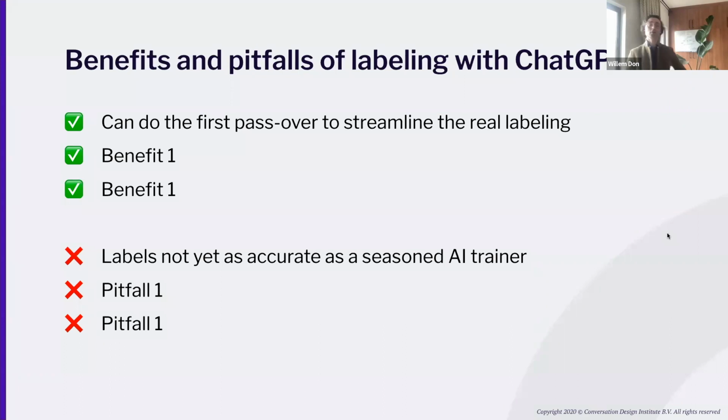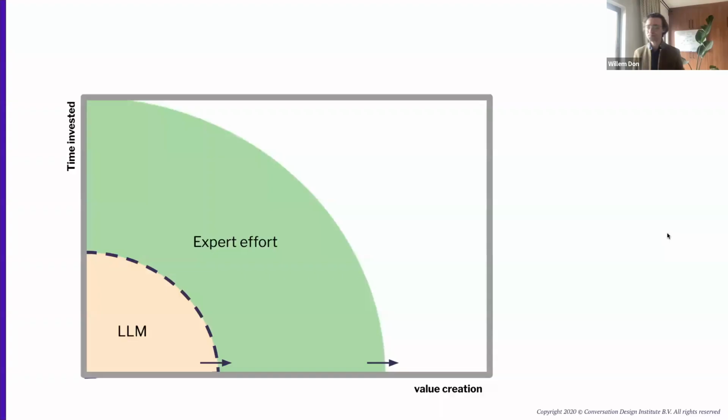Then you just say, I have 50 utterances that ChatGPT says go to intent number X, so let me think of intent number X, and I'll just go yes, no, yes, yes, no, yes, yes, yes, no. It's quicker than having to switch context all the time as the labeler and always imagine all of the 100 or 200 intents that you have to label. And of course, the big pitfall is that it's not yet as accurate.